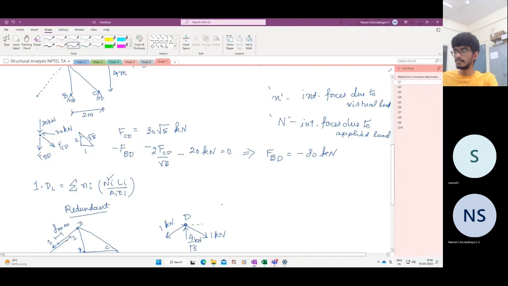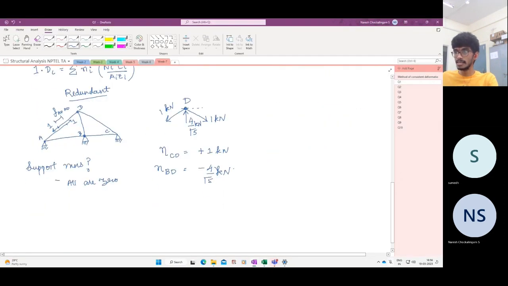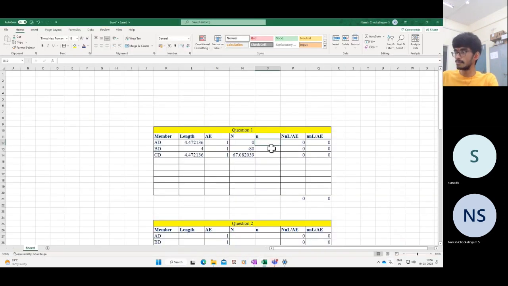And what are the virtual internal forces? The virtual internal force in AD is plus 1. In BD, it is minus 4 by square root of 5. And in CD, it is again plus 1.